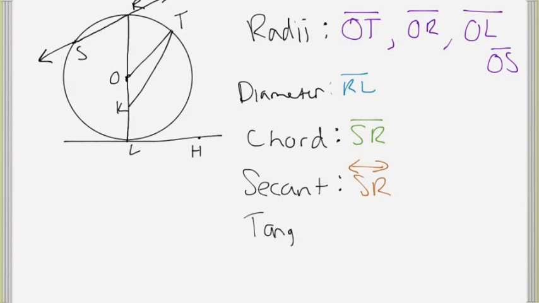That's not the only one that works. It's the only one that's drawn in. We could take any of those chords that I didn't write out, like ST, and put a line symbol above it, and that would be a secant if we would draw that in. Any chord that you turn into having a line instead of a segment will be a secant. What about a tangent?